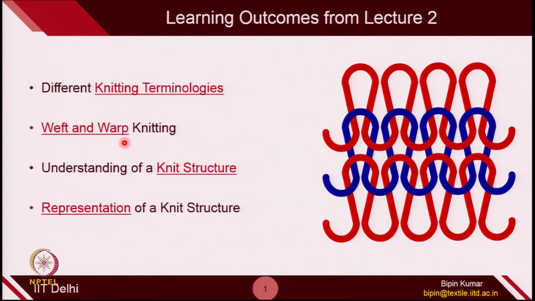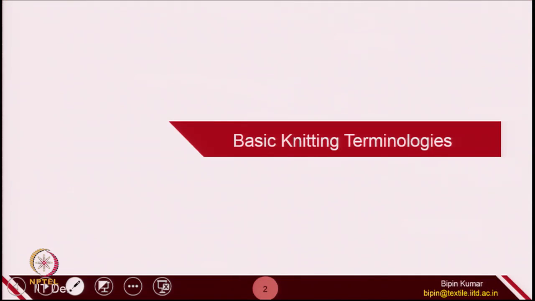Apart from that, we are also going to understand very deeply the loop architecture or loop network inside a knit structure. And finally, we are also going to learn how we can represent this knit structure by a simple box diagram. So let us move ahead.